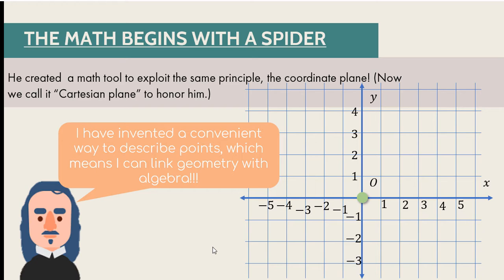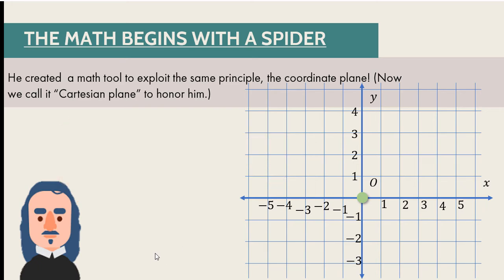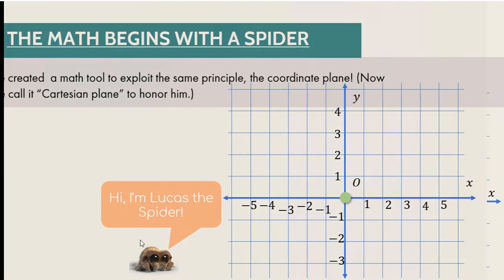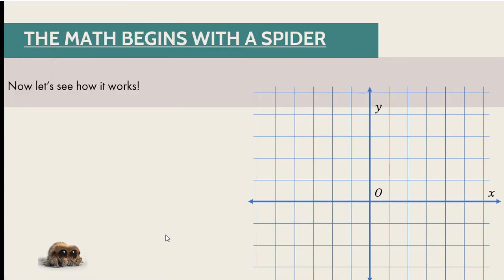It has been applied so many times, and you will see that application later. And apart from Sir René Descartes, I have invited Lucas the Spider, and he will accompany us in this lesson today. Now let's see how it works.